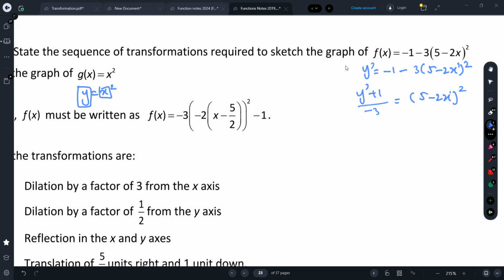Oh, yeah, sorry. It's supposed to be there. In which case, now I'm comparing everything on the left-hand side. And okay, that's fine.